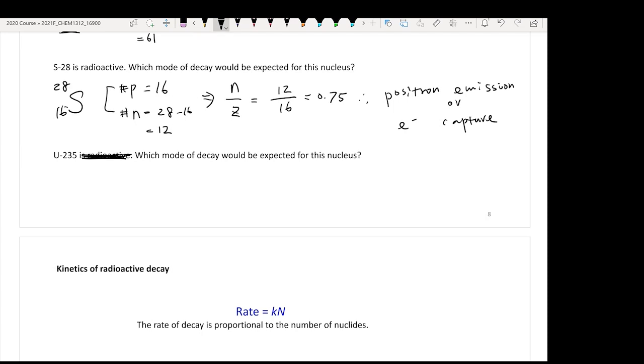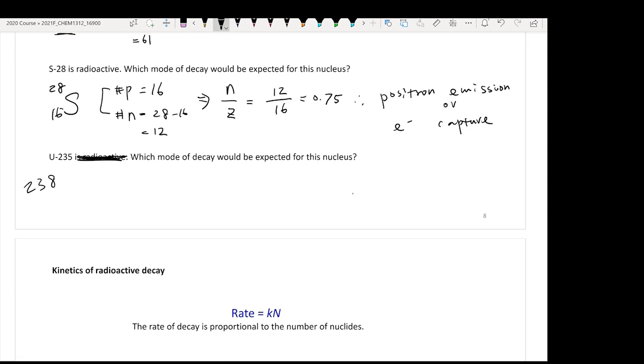The atomic mass of uranium is 238, and compared to the mass number you have here, which is 235, the difference is larger than 2. Then it is unstable, and it undergoes a radioactive decay.